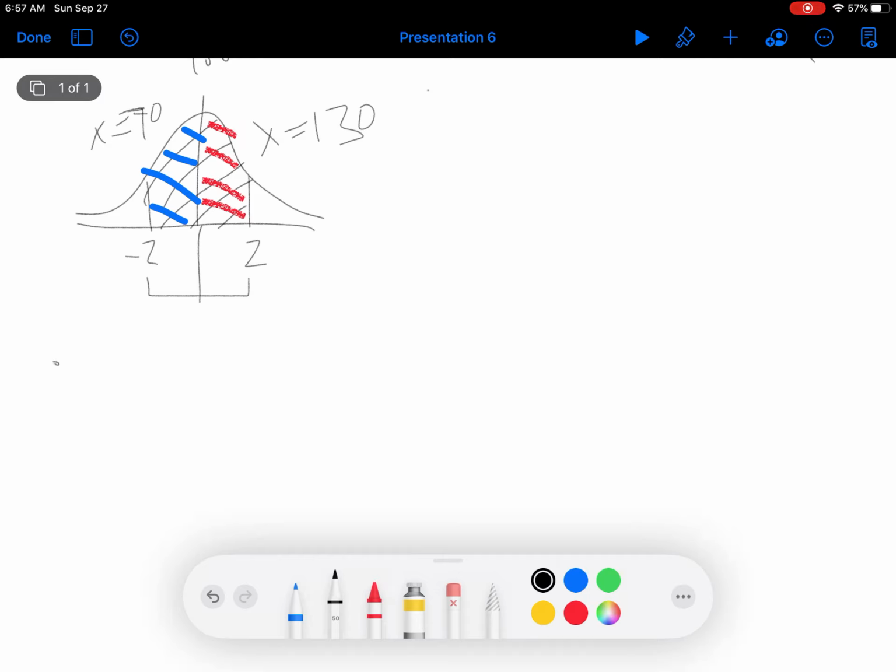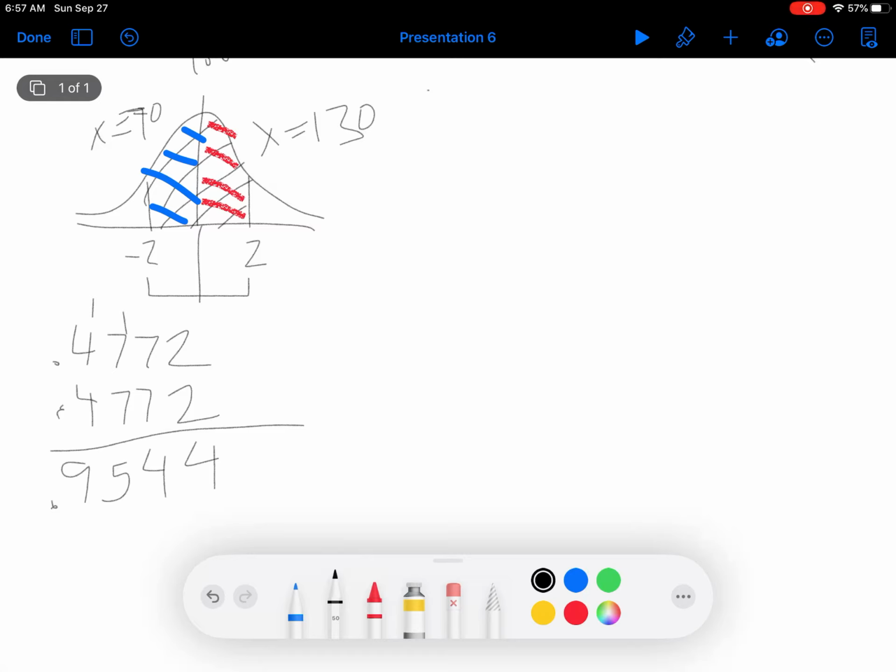So from z to the mean is 0.4772. We're going to add that together with the area on the right, which is also 0.4772. And then we're going to get something that's much more reasonable for this. So we get 0.9544. Okay, so I feel much better about that because that's 95% of the distribution that we've got covered up there, not just 4%. So great.